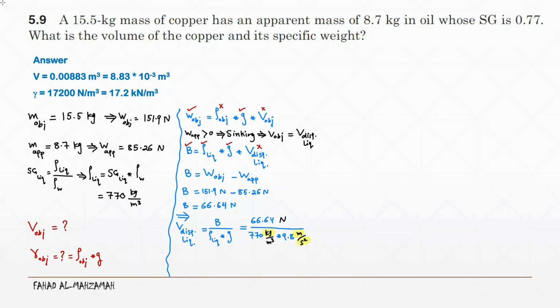So we can cancel Newton with all of these, and this cubic meter is in the denominator of the denominator, so it will go up. Therefore the answer is going to be 0.00883 cubic meter, or I can say 8.83 times 10 to the power minus 3 cubic meter.